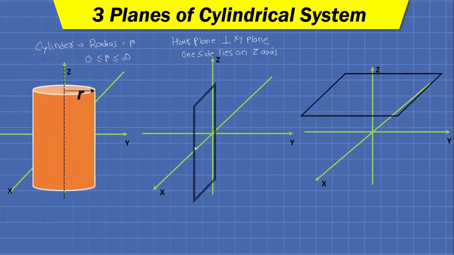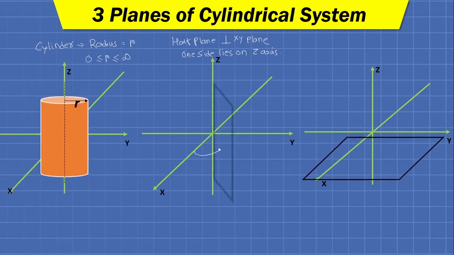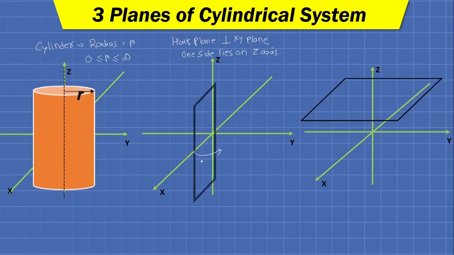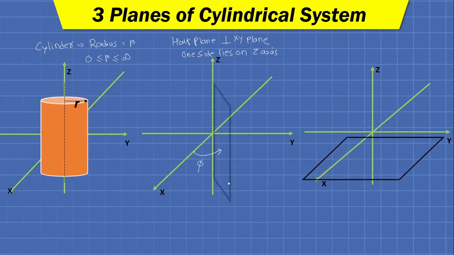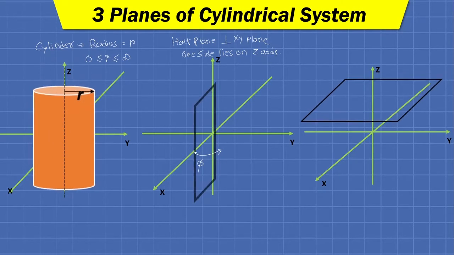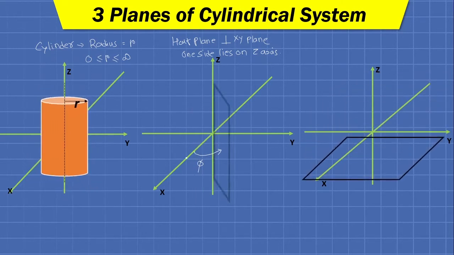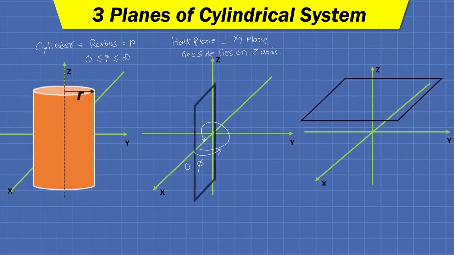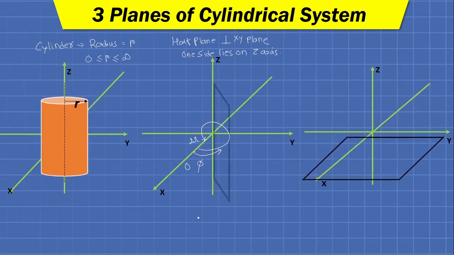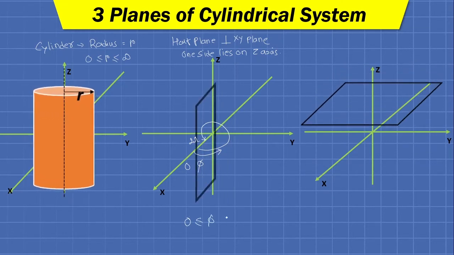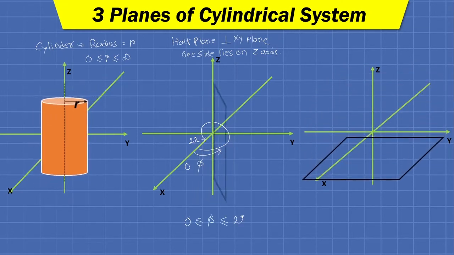Here the coordinate which is defined was the angle made by this half plane with the x-axis, and we called it phi. To cover each and every point of space, the angle should be varied from 0 to 2 pi radian. Hence the range of phi over here was 0 to 2 pi.